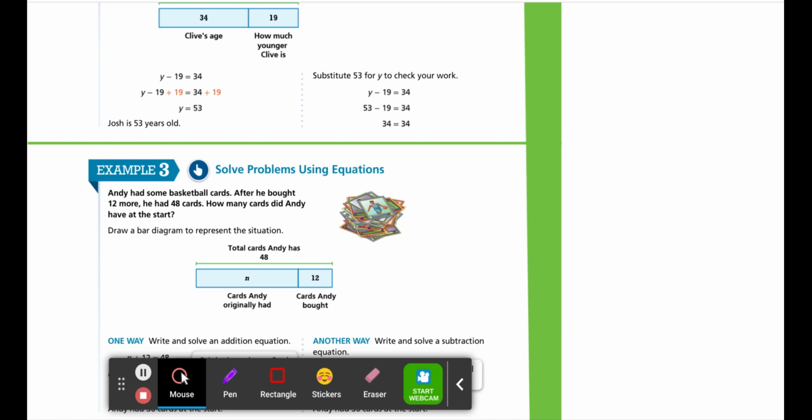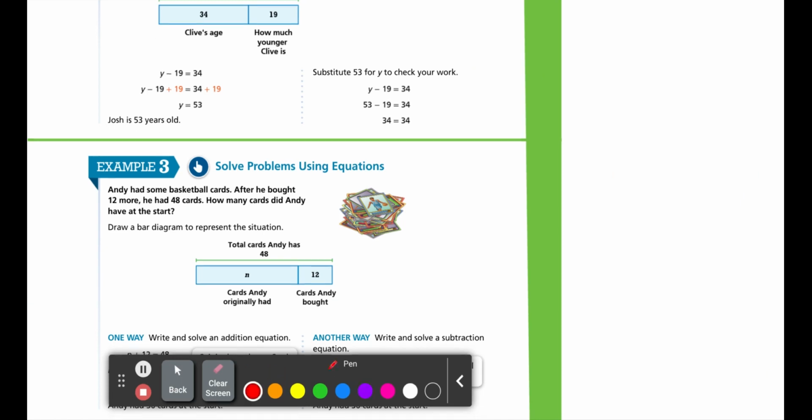So they drew a bar diagram to represent the situation. Andy had N cards to start, so he had some amount to start. He bought 12 more, and then the total was 48. So that's represented on that bar diagram.